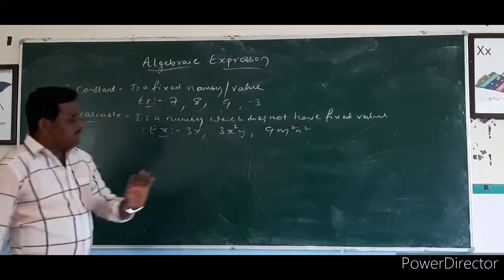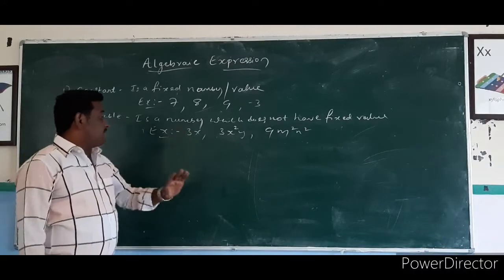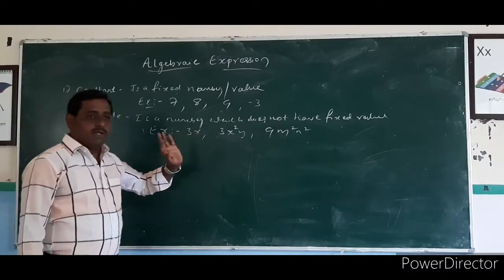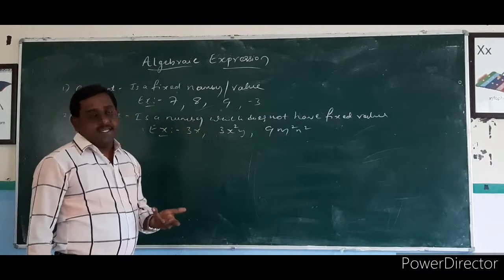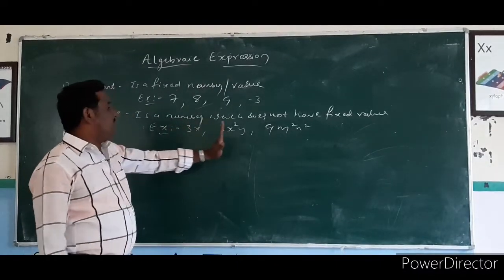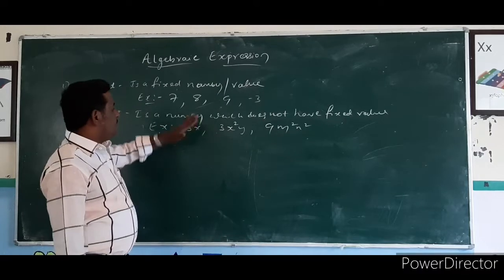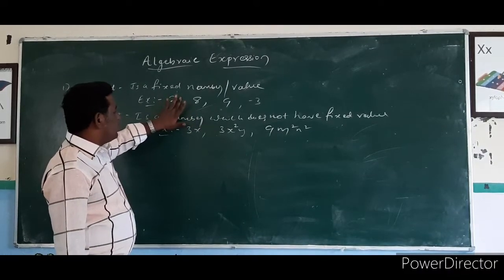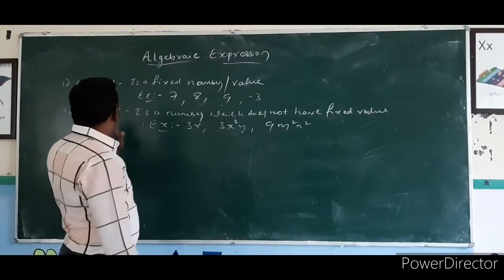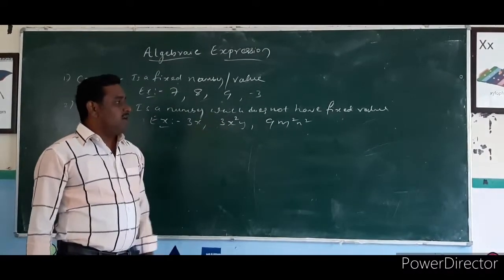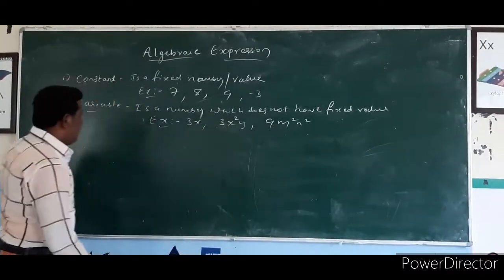If I give an x value, the total value of the term changes. That's why this is not a fixed value. If there are no letters here, it is fixed. Here letters are there, so it is not fixed. Variable does not have a fixed value.